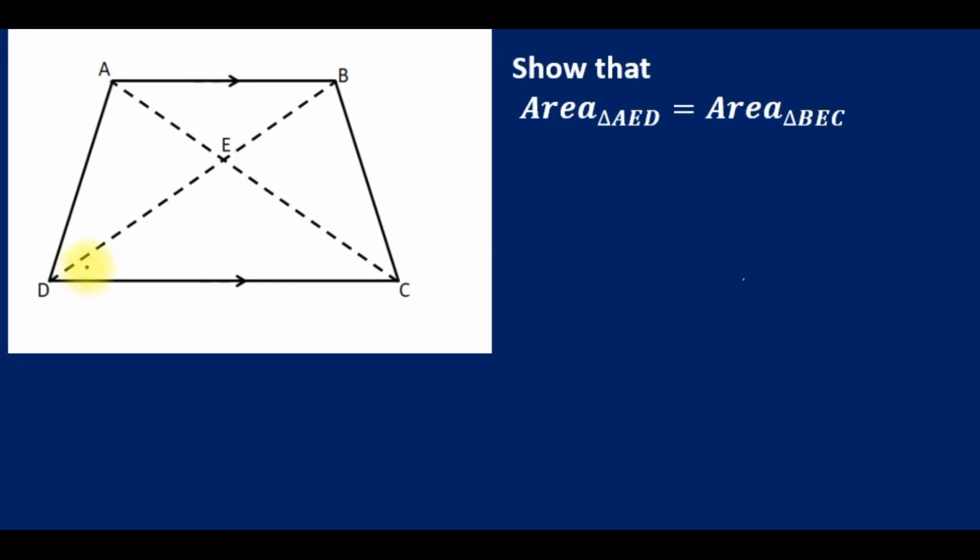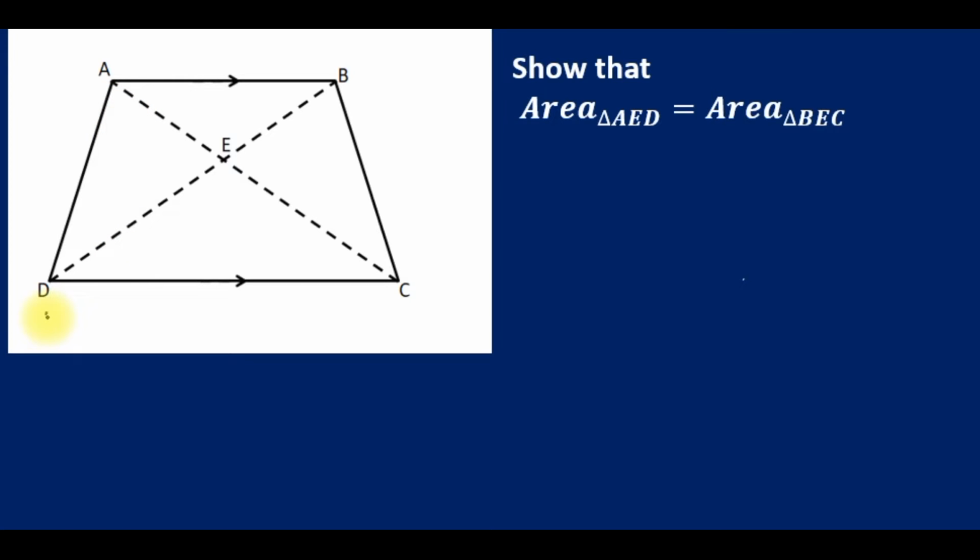That ABCD is a trapezium. So we have to show that this equals that. Okay, we start by drawing an auxiliary line.